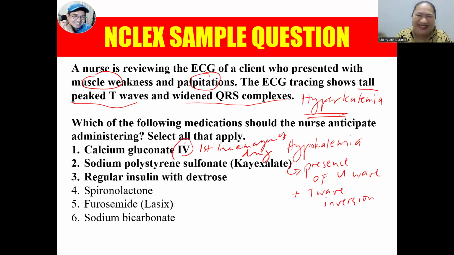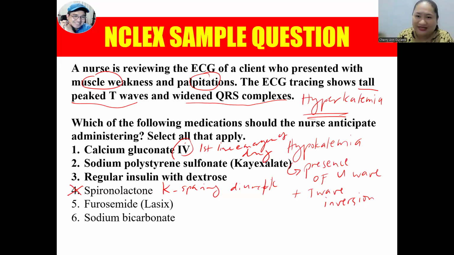What about number four? Spironolactone. What do you know of spironolactone? What is its drug classification? It is a potassium-sparing diuretic. Should we spare potassium if we have a lot of it already? What do you think, guys? Potassium-sparing diuretic? It's a no. So number four, no. What about number five?